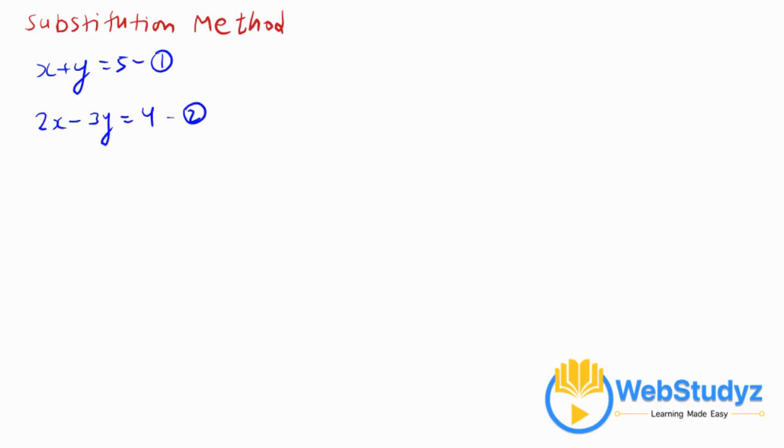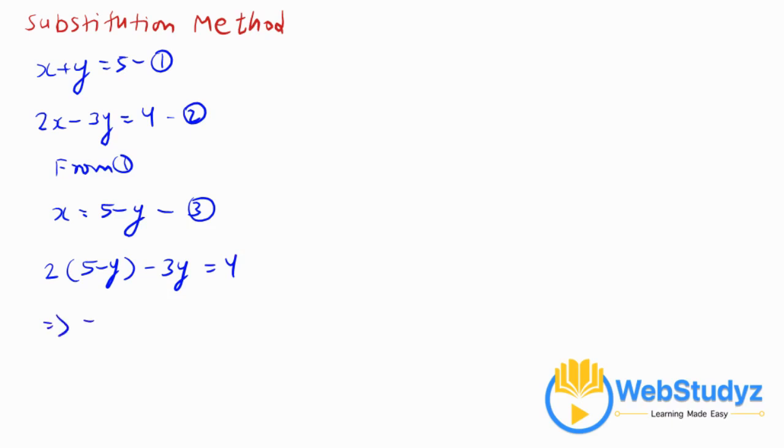Now from first we can write that x is equals to 5 minus y. This is our third equation. Now when the value is put in the second equation, we get 2 into 5 minus y minus 3y is equals to 4.